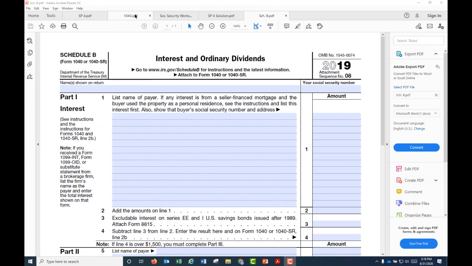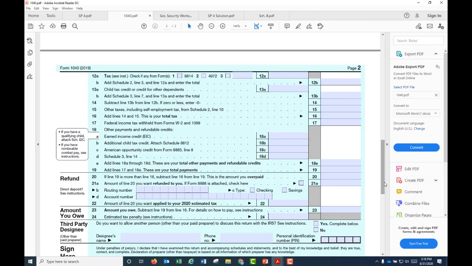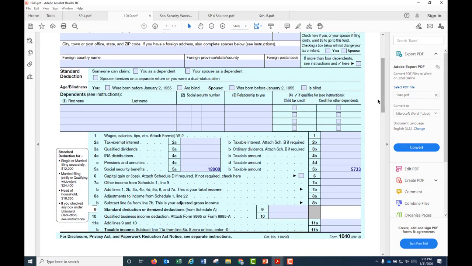Don't forget to do Schedule B. There is interest and dividends in the sample problem, right? And that's why Schedule B is required, because it's above $1,550. It's required because there are dividends and interest that are more than $1,550. Please complete this form completely, accurately, and timely for submission by the due date.